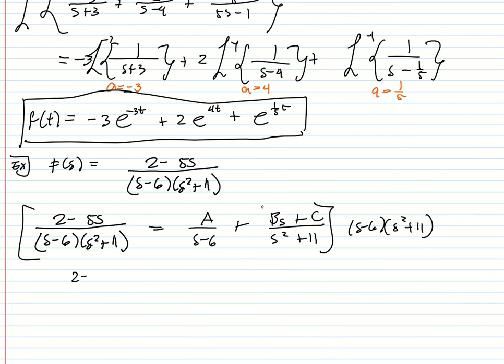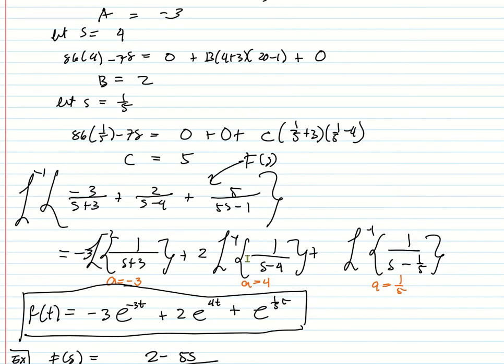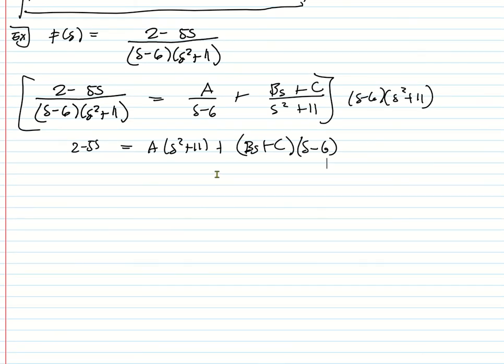So this will be 2 minus 5s equals a times s squared plus 11 plus bs plus c multiplied by s minus 6. Then we can use the other method that I told you. The first one, we use substitution. We can use the other one by equating coefficients.